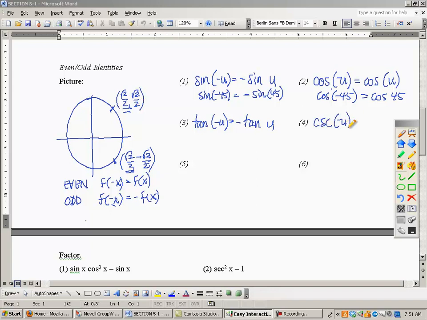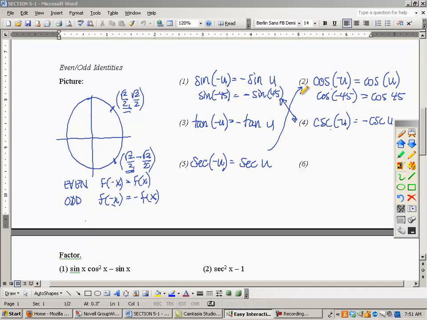Cosecant of a negative angle. Now this is the reciprocal of sine, so it will work the same way. It is negative cosecant of my angle. And again, these two are tied together. The secant of a negative angle is the same thing as the secant of a positive angle.